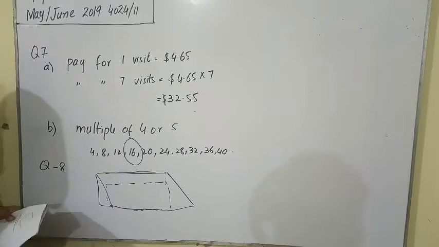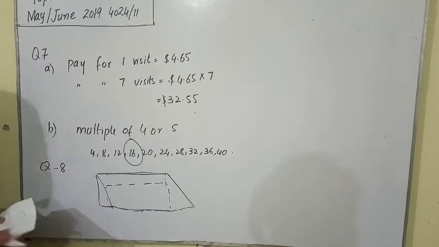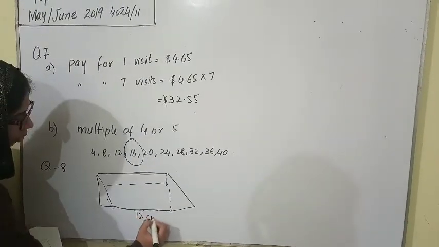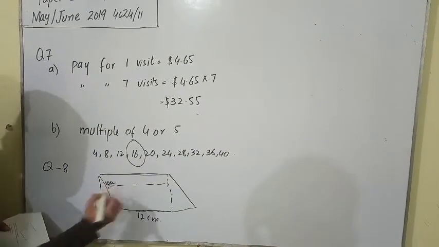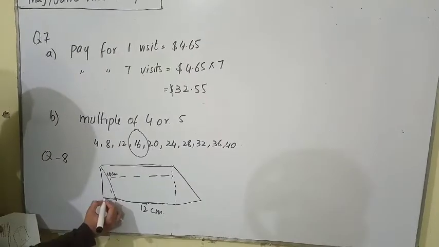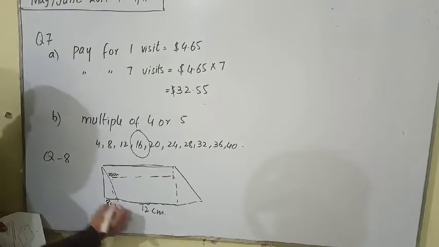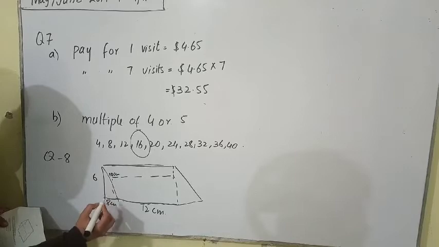So that is a triangular prism, and the length of triangular prism is 12 centimeters, and this height is 10 centimeter, and this is 8 centimeter, and this is 6 centimeter.